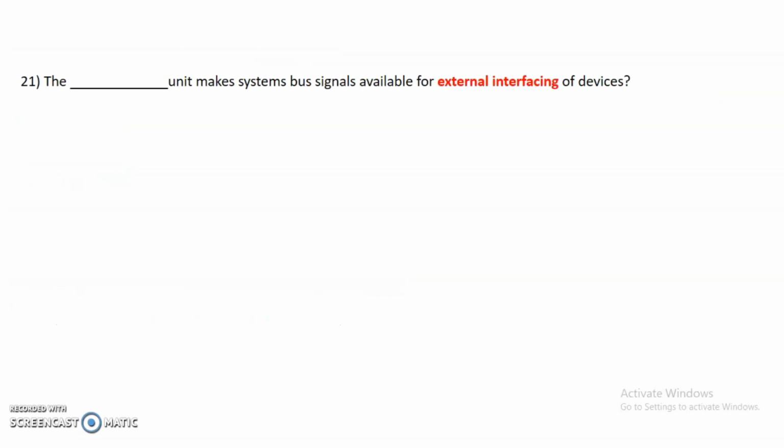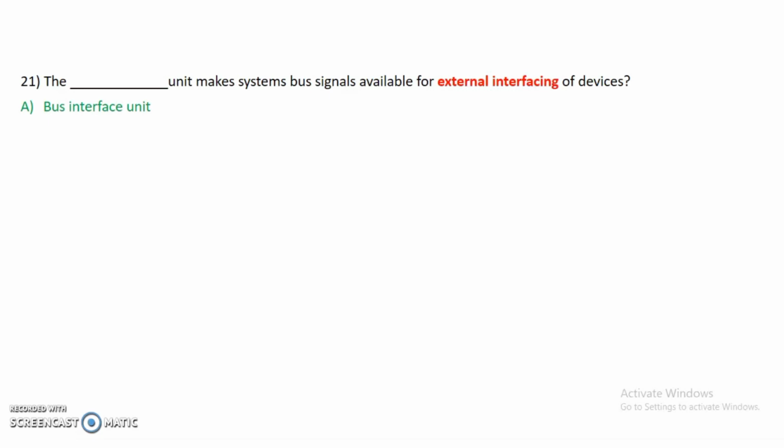Bit number 21. Dash unit makes system bus signals available for external interfacing of devices. So the answer will be the bus interface unit. For the 8086 microprocessor, not everything is embedded onto the chip itself, so many things need to be connected externally.